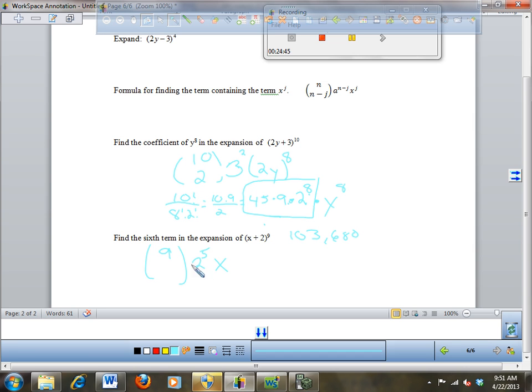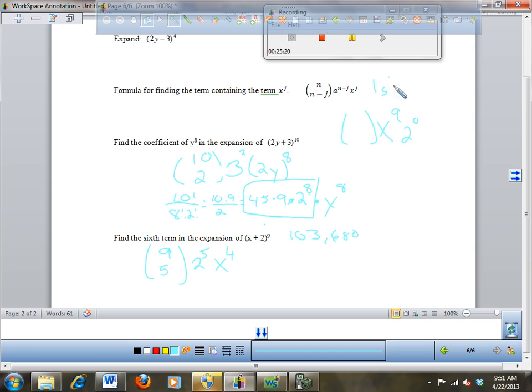For the sixth term, 2 is going to be raised to the 5th power, because it starts out as 2 to the 0, and then it goes up. So this has got to be 4, and this 5 has to be the same as down here. Then you just multiply that all out, and you'll find the sixth term of that expansion. Do you follow how I got that? When I start off my expansion, the first term is going to have an x to the ninth, 2 to the 0.